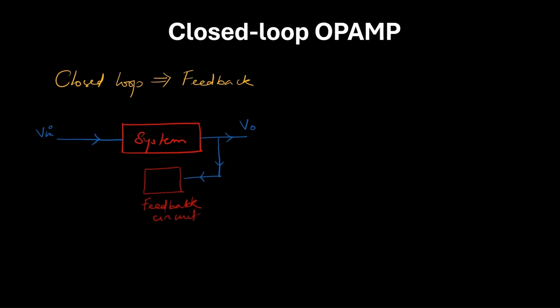And from the feedback circuit, some portion of the output will be fed to the input terminal. The fraction of the output which is fed to the input terminal, we call it VF, the feedback signal. Now, because of this, the effective input to the system will be different. I'll call this Vx. The Vx is the effective input given to the system.